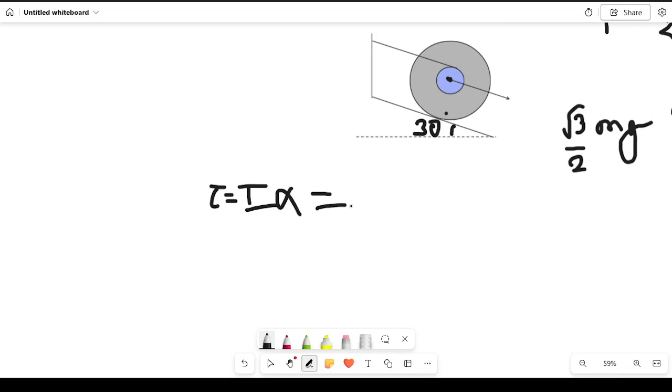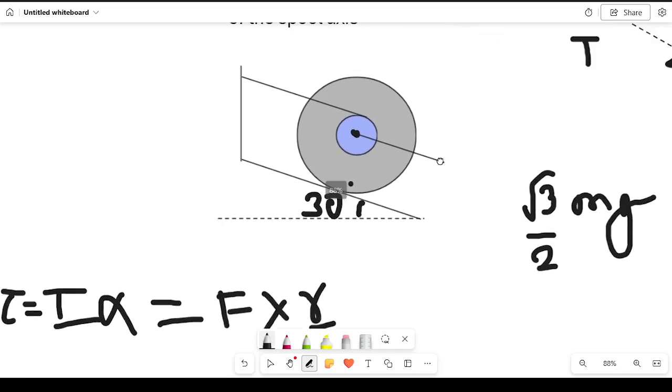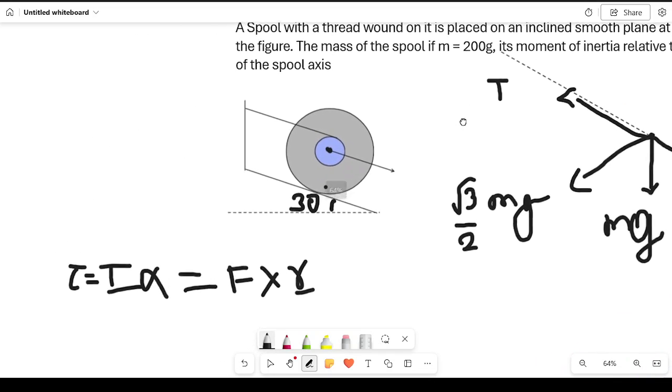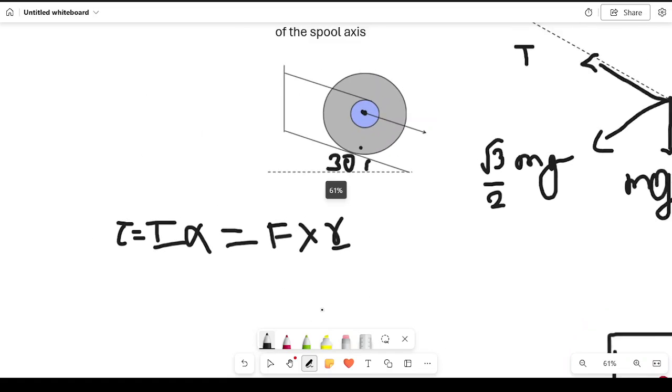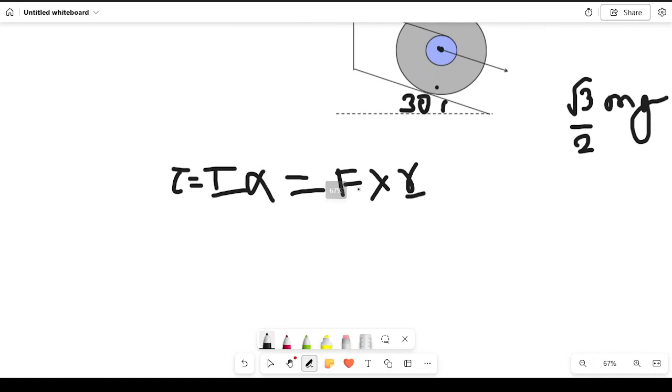That is also equal to force times perpendicular distance, F R, where R is the radius of this smaller disc, given as 3 centimeters, which we have to properly convert into meters. Now we have I alpha equals F R. We also know alpha equals a by R. So I times a by R equals F R.